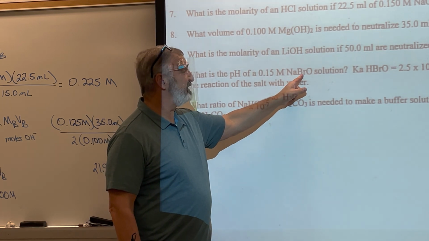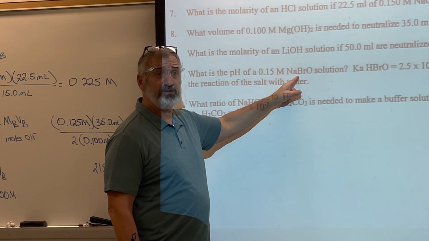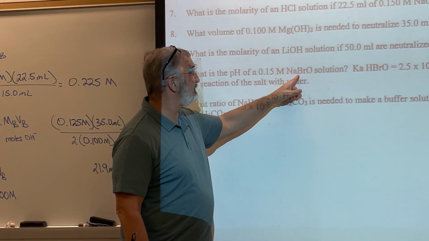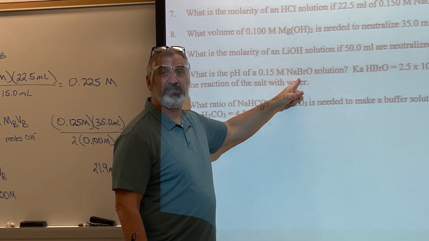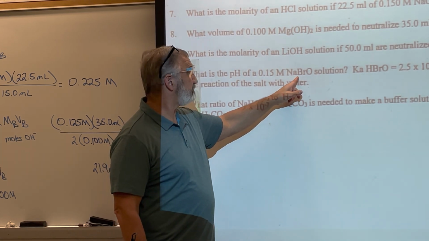The strong base, and this is a weak acid, so we know it's going to be a basic salt, right? First off, I recognize this is a salt because it's just an ionic compound. It doesn't have a hydrogen or a hydroxide in it, okay?